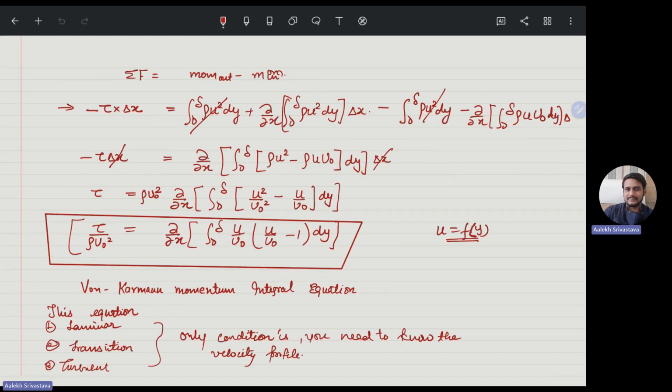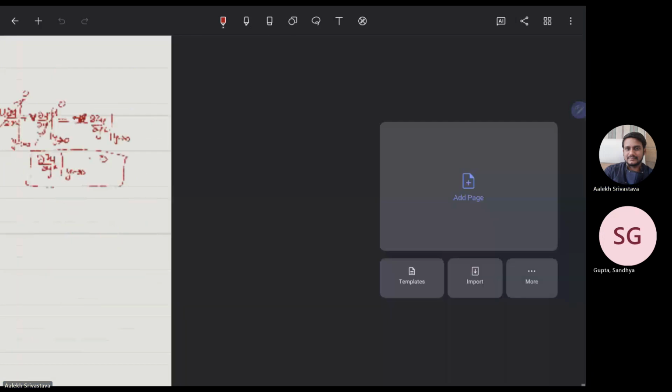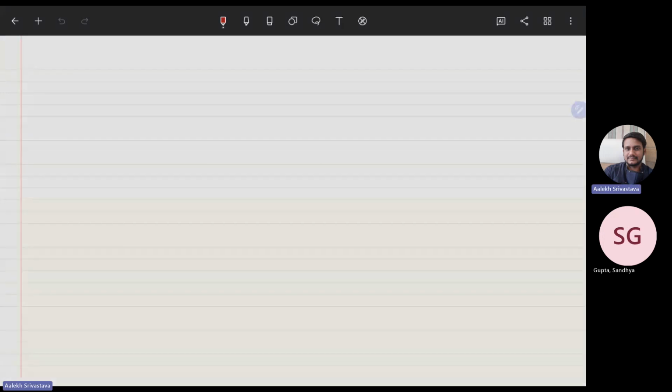Now, knowing all this, we will try to solve some questions so that we can get an idea how to solve boundary layers. So suppose first question we will solve. If it is given, you have the velocity profile as u by u0 is equal to 2 times y by delta minus y by delta whole square.